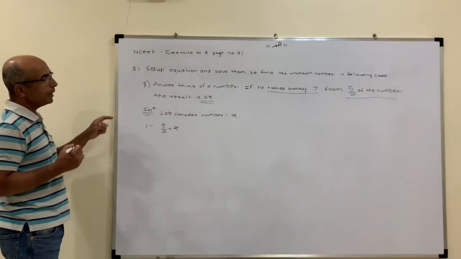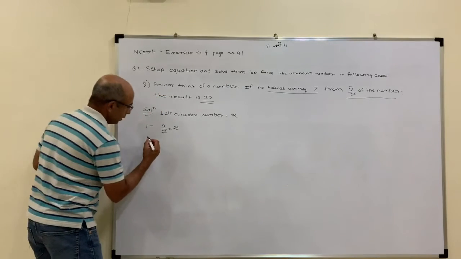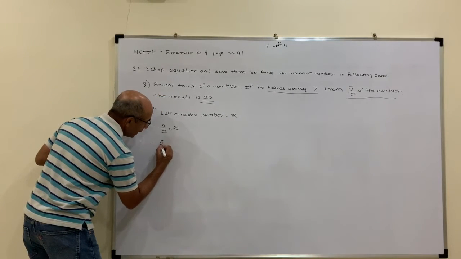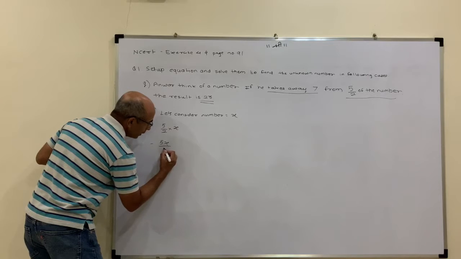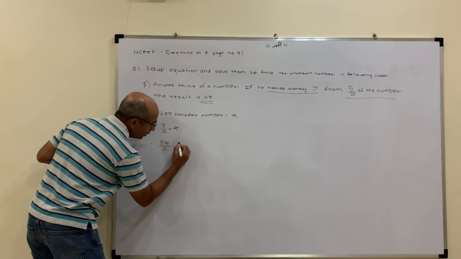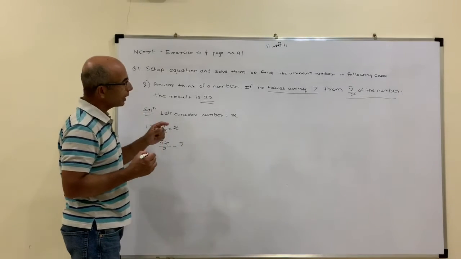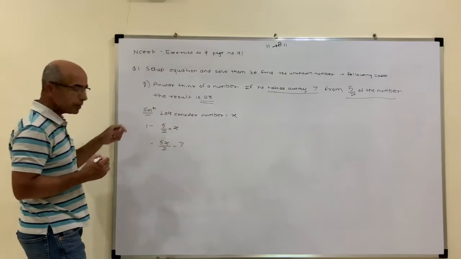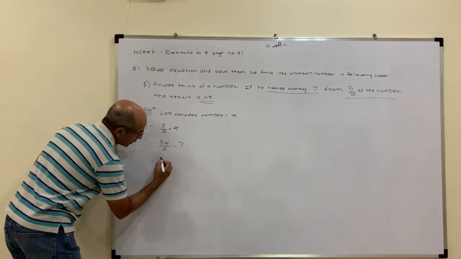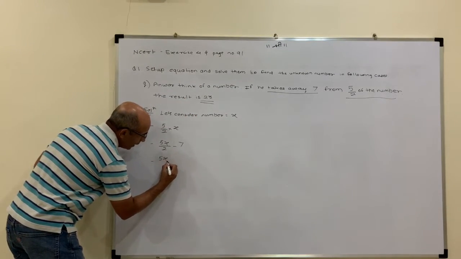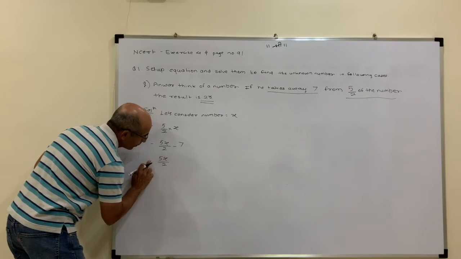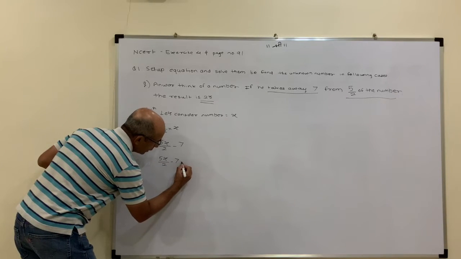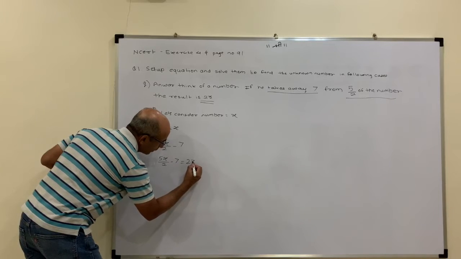Next will be takes away 7. So it will be 5x divided by 2 minus 7. So takes away 7 and then the result is 23. So my equation will be 5x divided by 2 minus 7 equals 23.